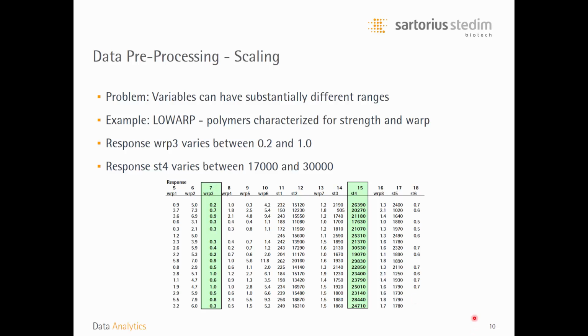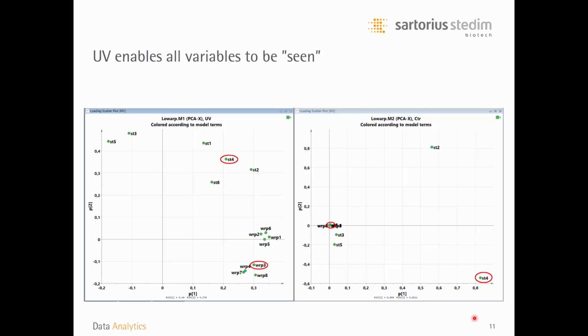So on the next slide, what we are seeing are two loading plots arising from two alternative models. In the left-hand part, we are looking at the result after scaling all variables to unit variance, meaning that all variables have the same initial variance. All variables seem to be seen by the model, and here we see where we have ST4 and WRP3.